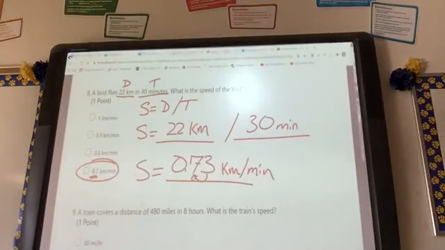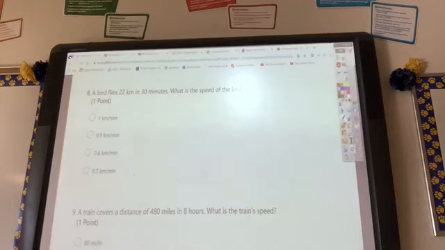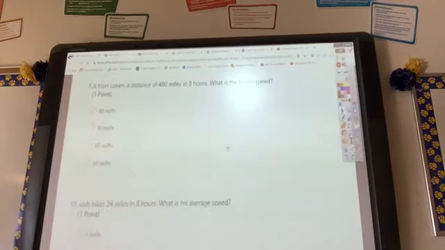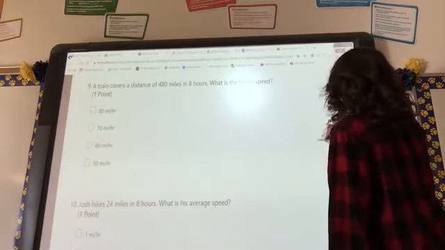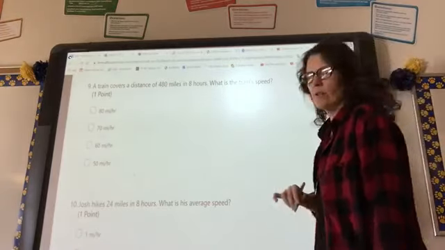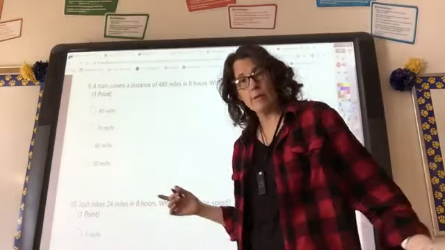Let me go scoot it up. Here we go. All right, number 9 says, a train covers the distance of 480 miles in 8 hours. What is the train's speed? So, let's figure it out.